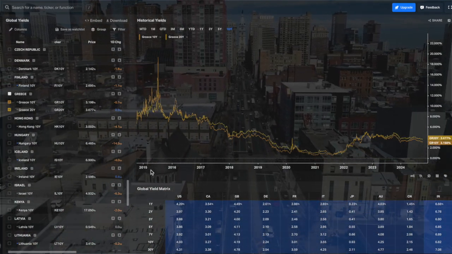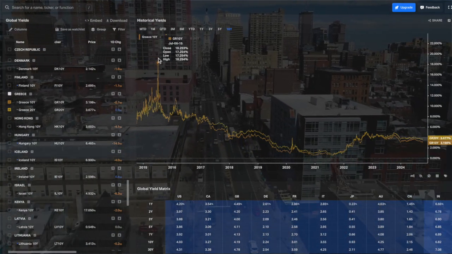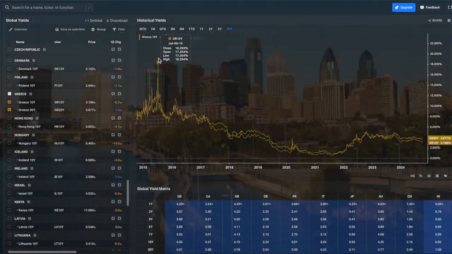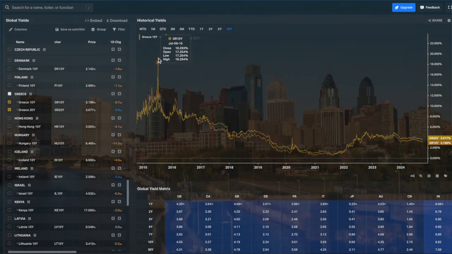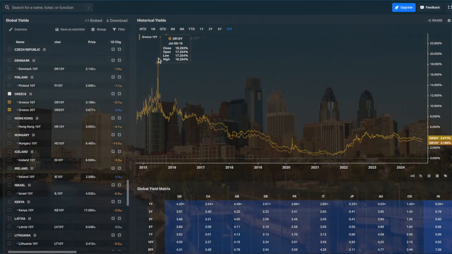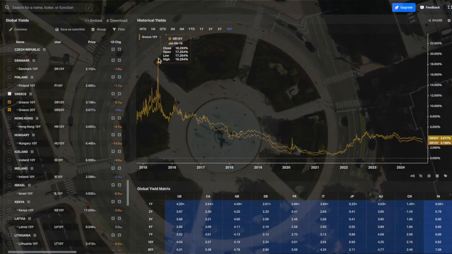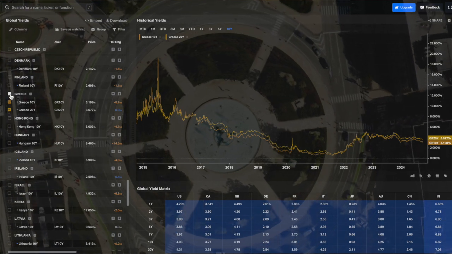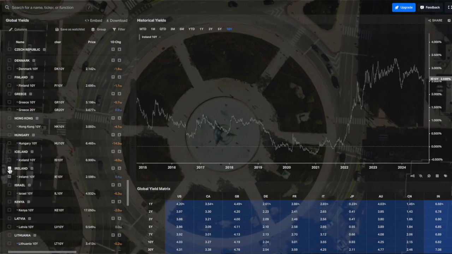If you go back to 2015, 2016, we were around 18% yield. This is in the middle of the euro financial crisis where Greece was collapsing. The Greek government was defaulting on their bonds. So you can see it represented right here. Actually, Ireland was way before that. I don't think we'll see anything.